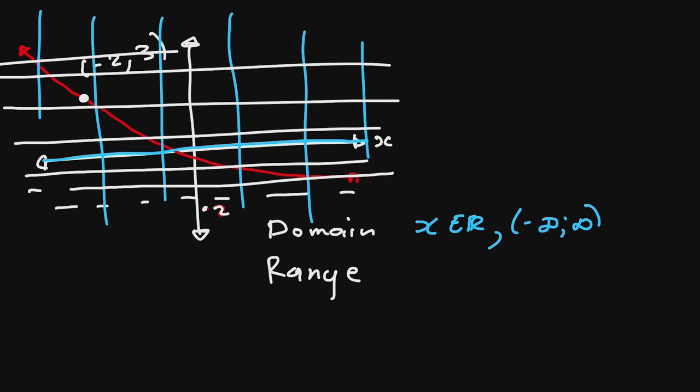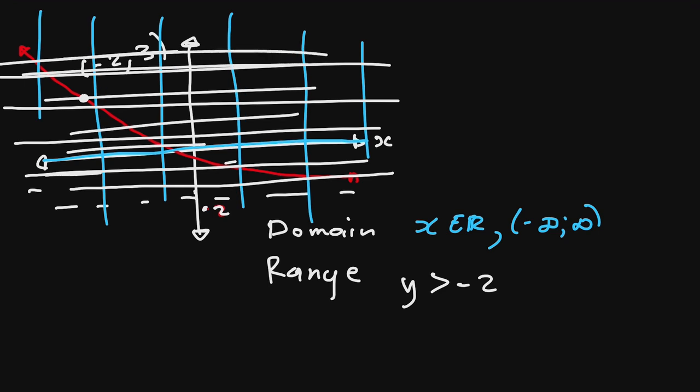So the values of y will always be greater than -2. If you put a horizontal line, your graph will touch at any point where y is greater than -2. You can also represent this as from -2 up to +infinity, where our function exists.